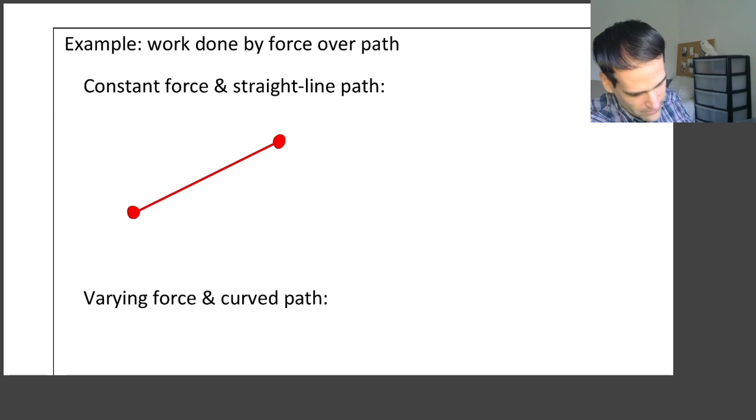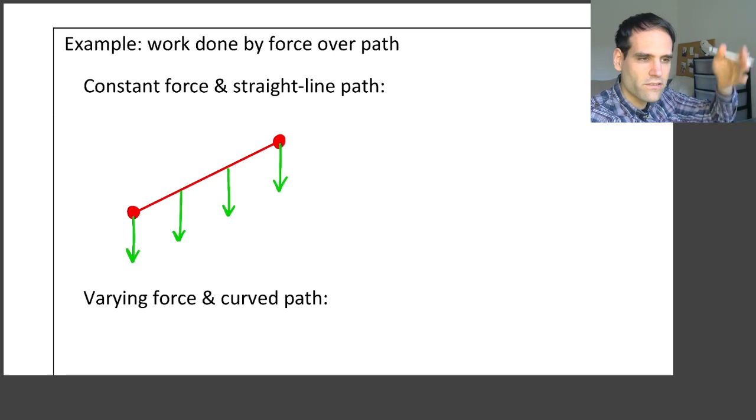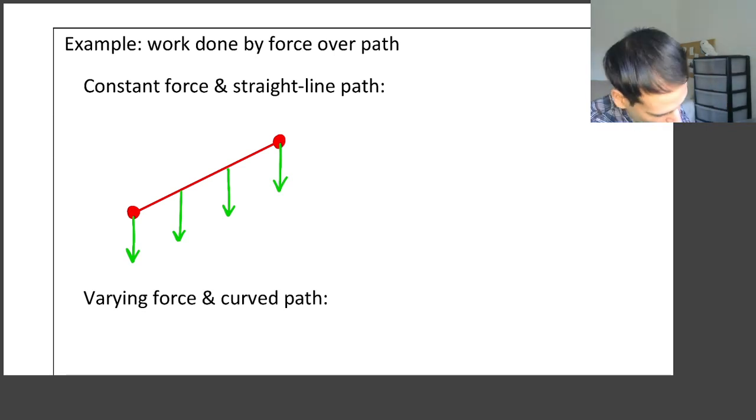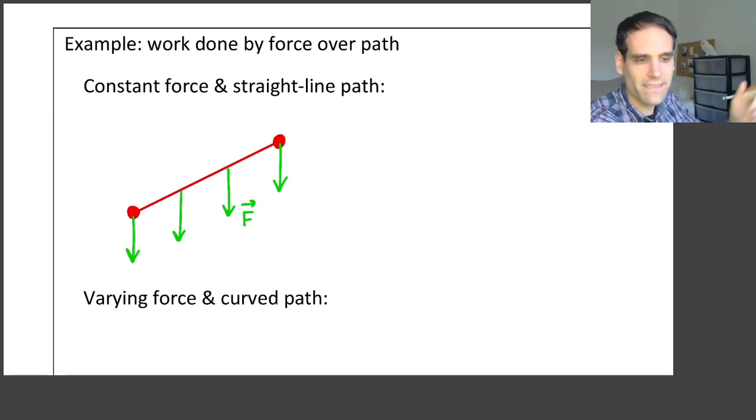So the force of gravity is constant everywhere, right? Let's assume we are on the surface of the Earth and that the height is negligible with respect to the radius of the Earth. So we have a constant force acting downwards, okay? So this is our force. So what is the work done by gravity when the mass undergoes this movement?